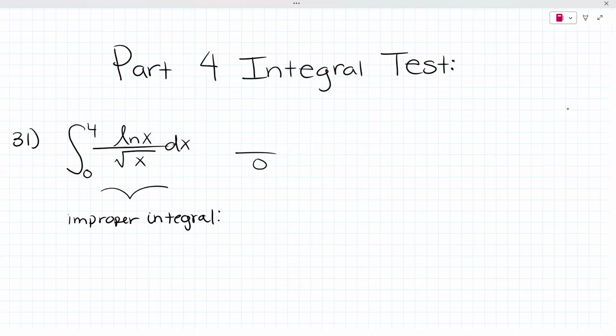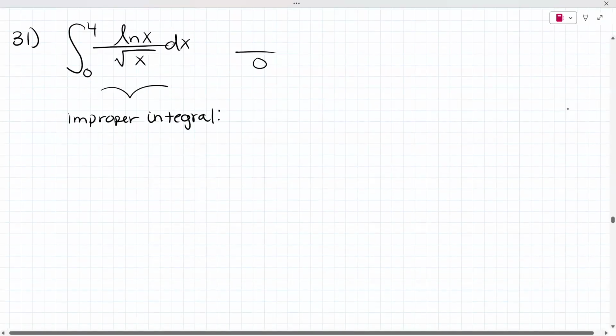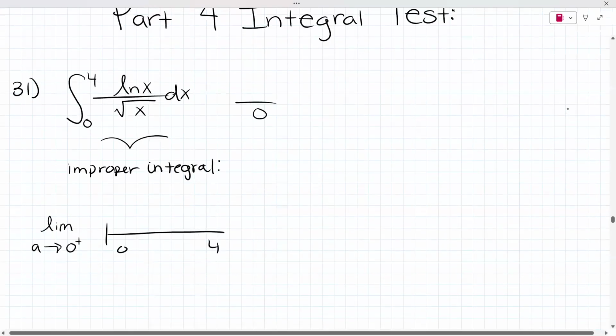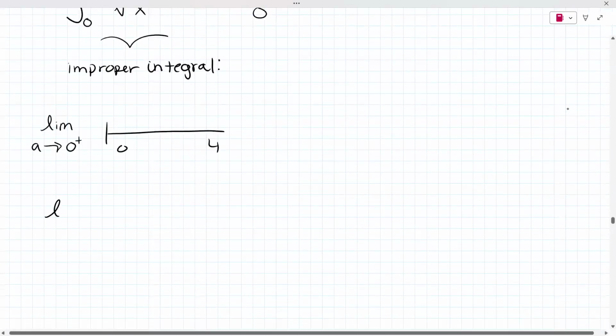Is this going to be the limit as a approaches 0 to the right, from 0 to 4?